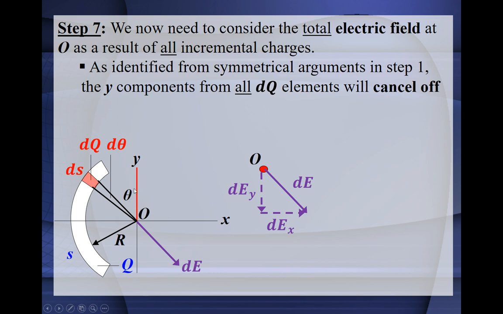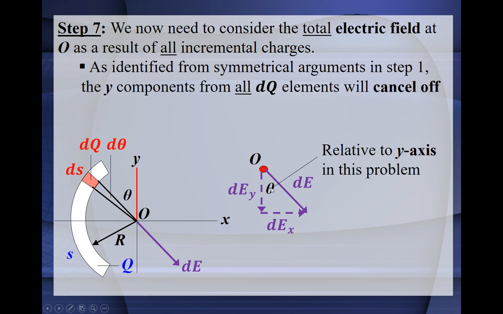So it turns out this angle theta between the y-axis and the differential arc length of charge is equivalent to this angle in the top corner here. So now we can write an equation for what dEx is, because dEx is the only thing I'm interested in, because it's only the x components that are going to contribute to the total electric field at the end.